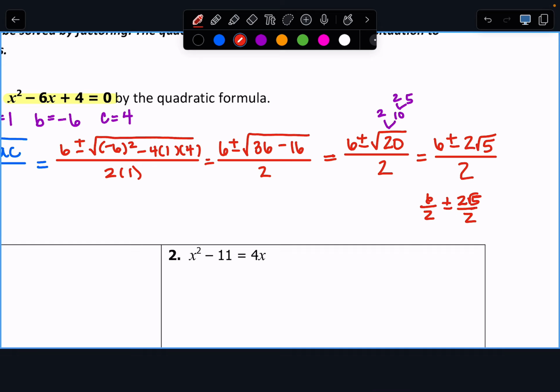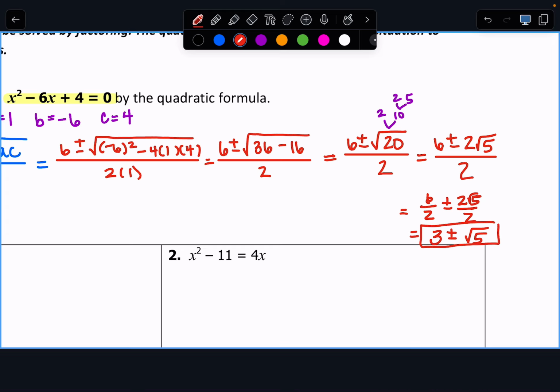Do you see what I did there? That divided by 2 goes with both the negative b and the radical. Well, can I reduce either of those? Yes. How about both? I can reduce this to 3, and I can reduce this to radical 5.